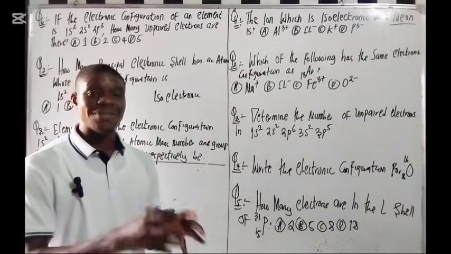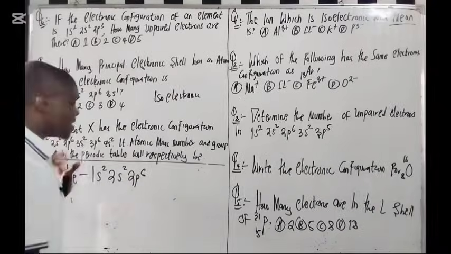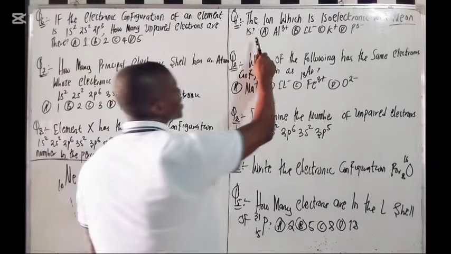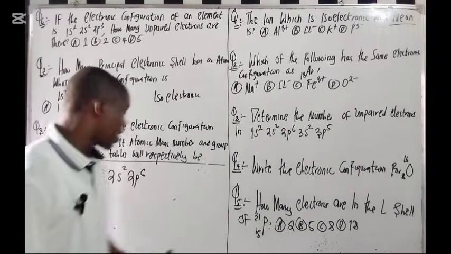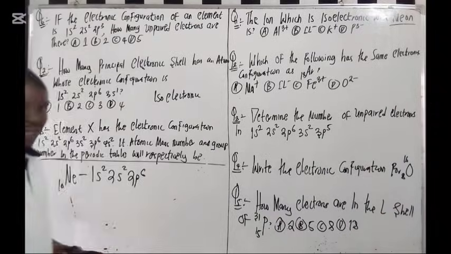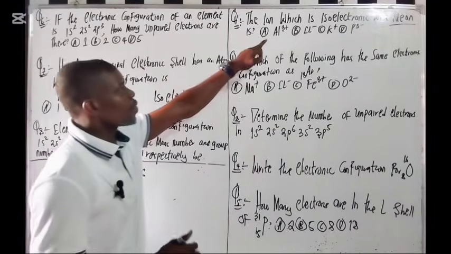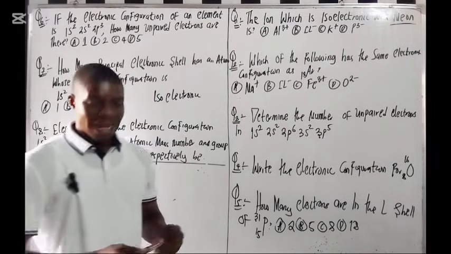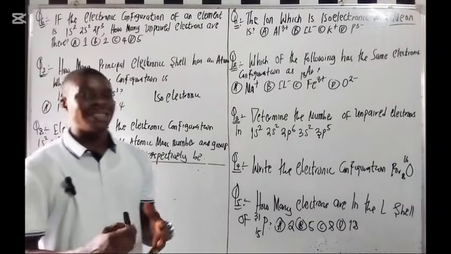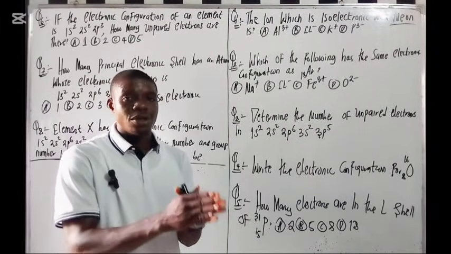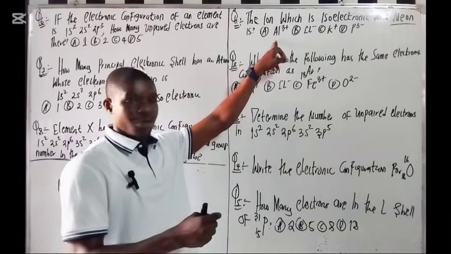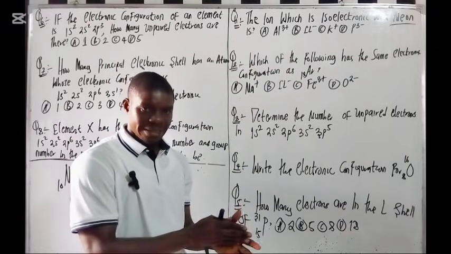So once you identify the electron number of neon, ask yourself which of these ions have the same electron number as neon. Let's look at aluminium. For the neutral atom of aluminium, the electron number is 13.